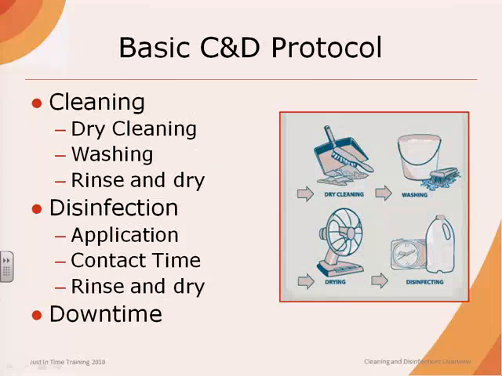Cleaning, which includes dry cleaning, washing, rinsing and drying, and disinfecting, which involves application, contact time, and rinsing and drying. After these measures are completed, downtime is also important. Conducting C&D activities in this systematic manner helps to ensure that the C&D process is effective. Let's look at these steps a bit closer.